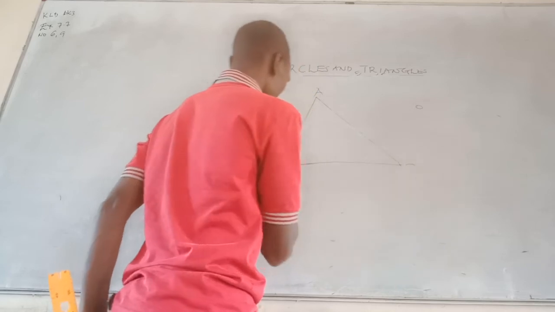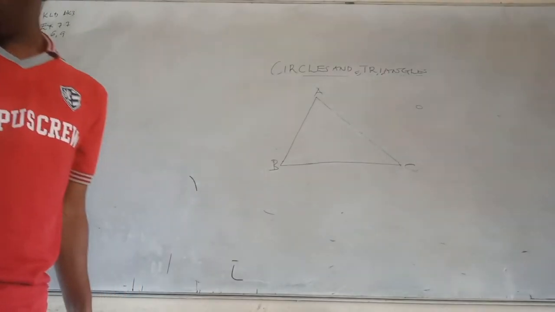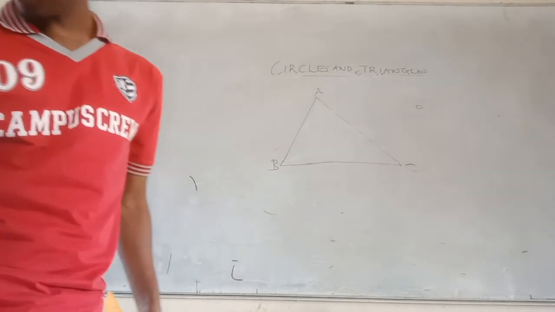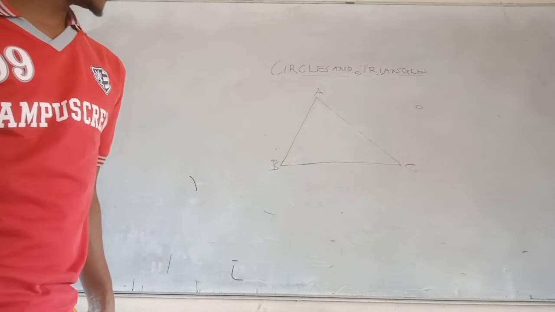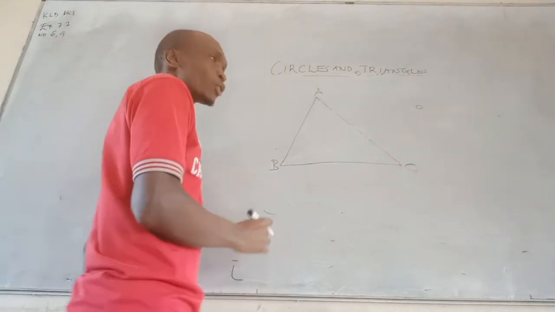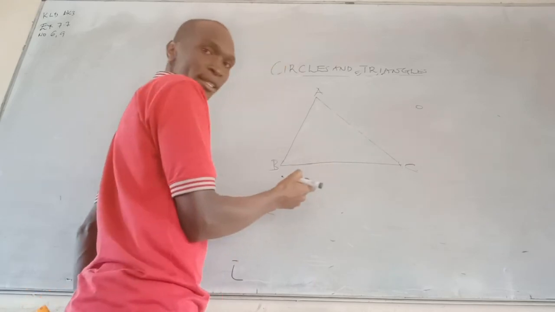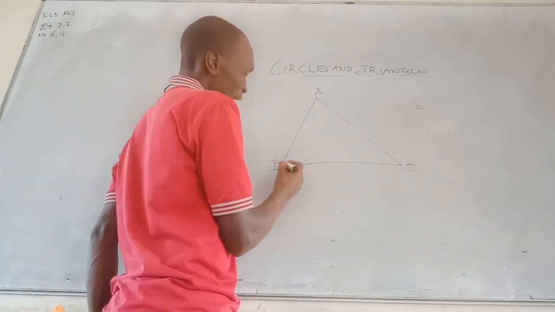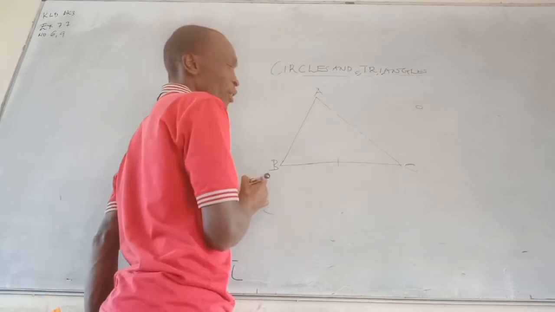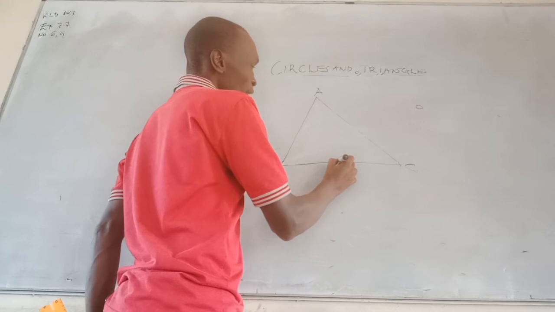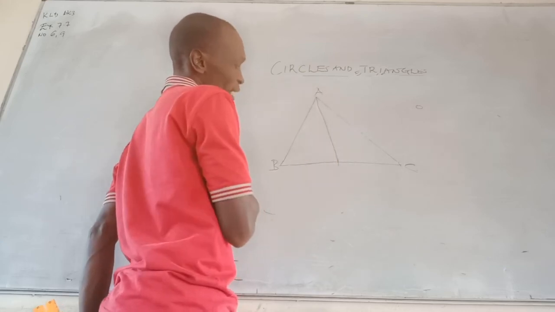Then the last bit, we also have triangle ABC again. We want to draw what we call a centroid. Now with a centroid, you only need to get the midpoints, what we call the medians of each of the sides. Like now this A, I bisect it, I get the midpoint, but then that midpoint, I join it to the opposite vertex like that.